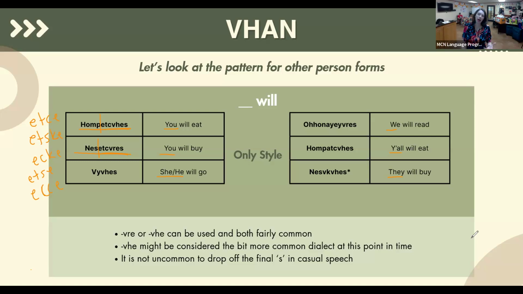So the one that I use in these classes is the one that I use the most in my own speech and the speech that those around me tend to use a lot in this office as well. You will eat, you will buy. And this actually really should be an A here, but it can be a V. People will write it both ways, so it doesn't really matter in this case.